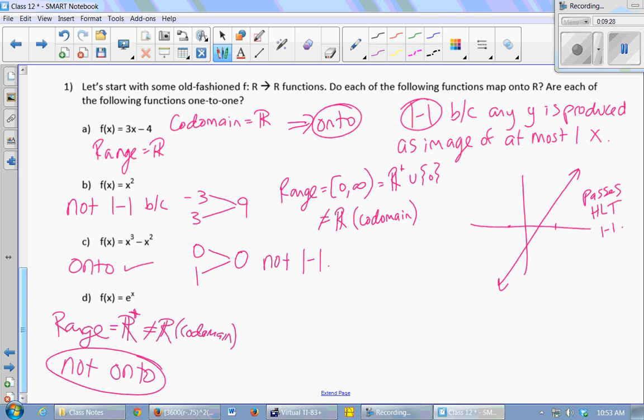And how about one-to-one? If you look at a graph of it, e to the x looks like that. It's going to pass the horizontal line test. There's no y value that comes from two different x values.